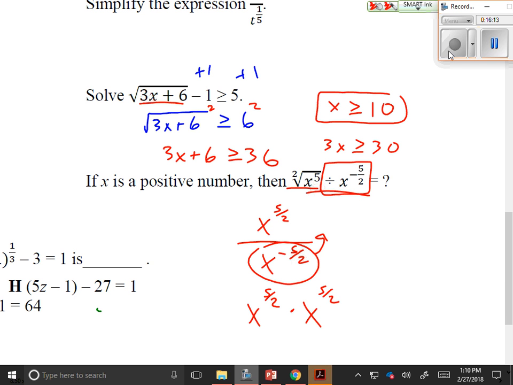I already have a common denominator. 5 halves plus 5 halves is 10 halves. You got 10 halves of a pizza, that's 5 pizzas, right? Yeah. You already ate.